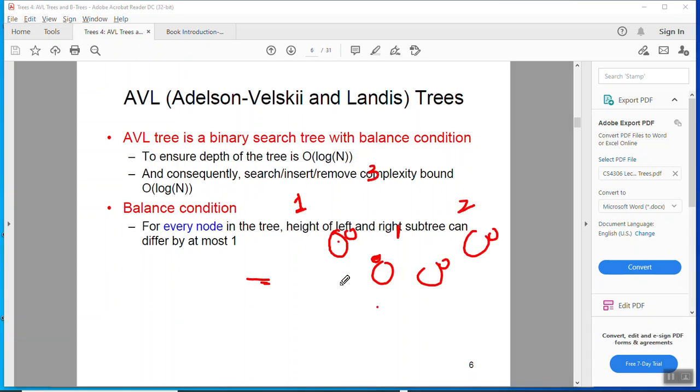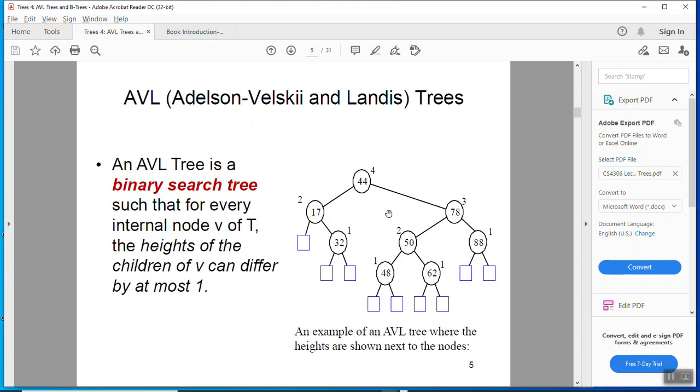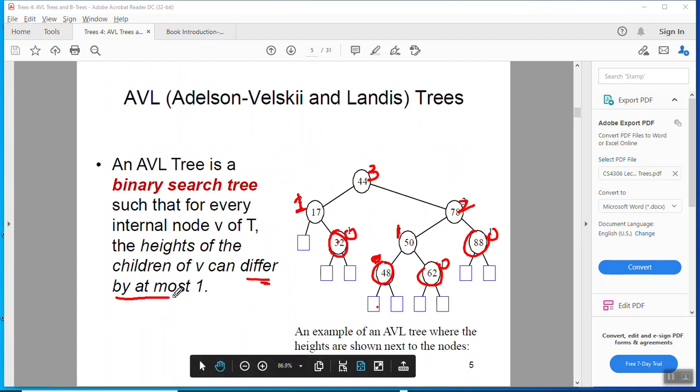It is called the balance condition, or balance factor in some books. That means the balance factor in an AVL tree can differ by at most 1.